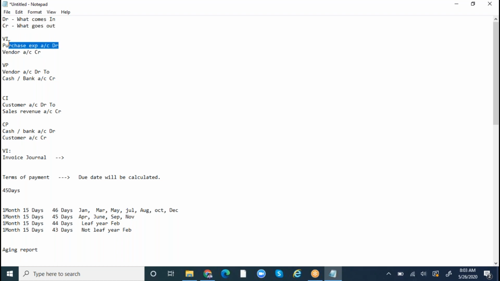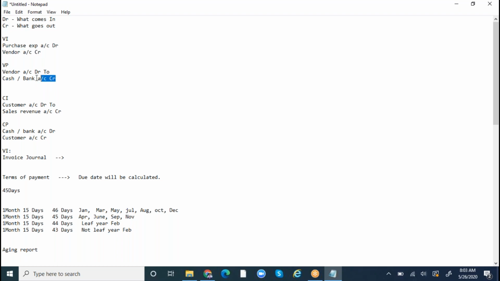Purchase expenses debit is automatic, because this is an expense item like A4 stationery, water bottles, paper napkins, so many things. So purchase expenses account debit to vendor account credit. These are the two accounts. Why vendor account credit? We need to pay money. It is a liability. That is the reason vendor account credit.